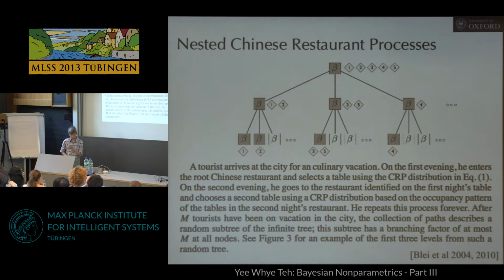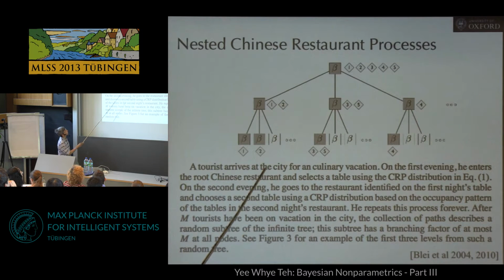Right. So one model which people have played around with, particularly Dave Blei, is this idea of a nested Chinese restaurant process, okay, which you can see is a fragmentation process. So in this Chinese restaurant process, what happens is the following.